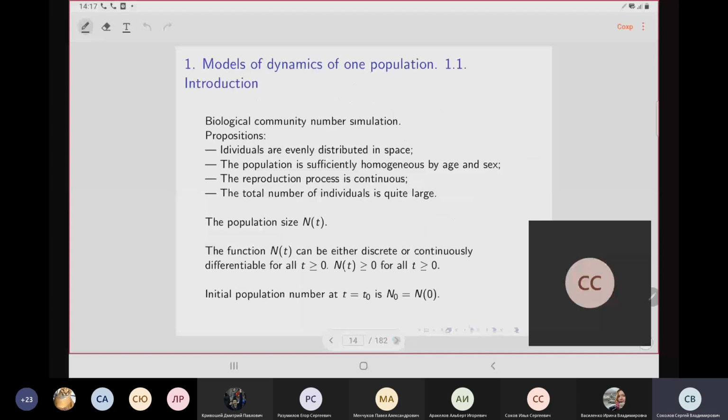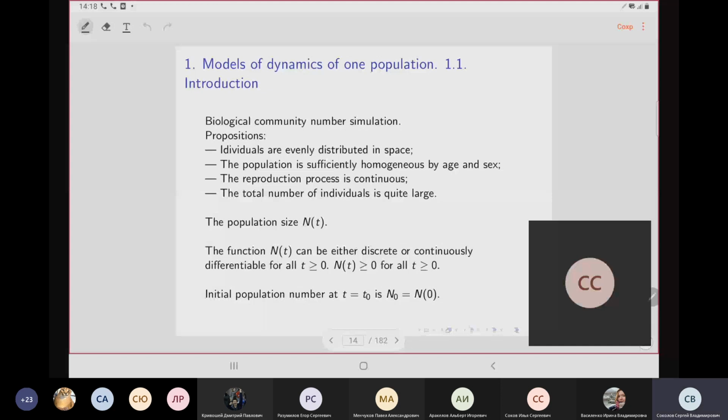A few words about models. We can't say that we can consider differential equations for any type of model. In real life, there are a lot of situations when we cannot use differential equations.